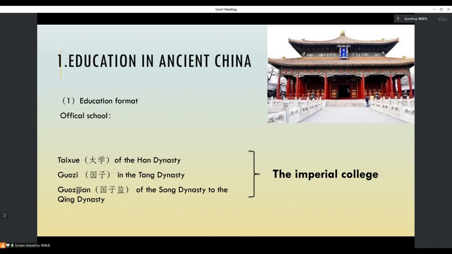Not all people can enter this school, only a part of people, because if you learn in this school, you can become an official. It's almost like a leadership school.